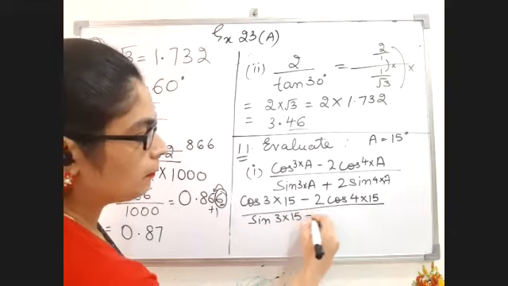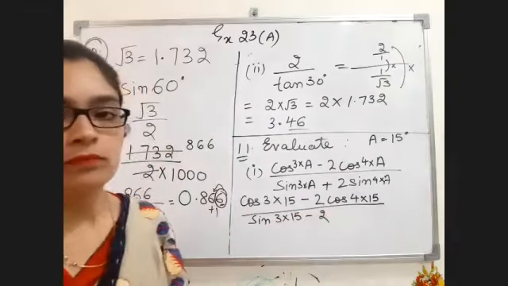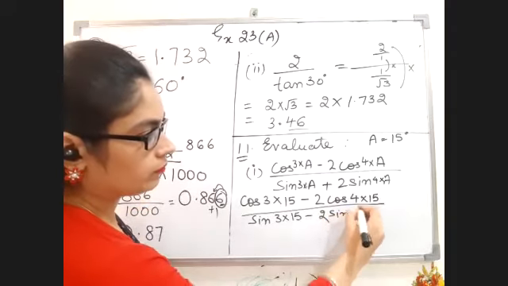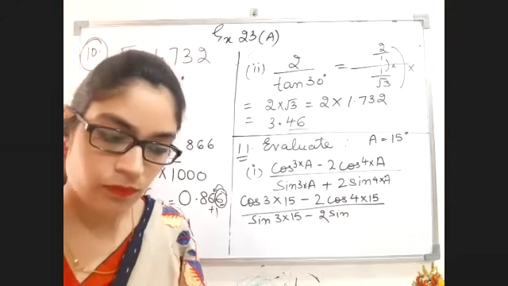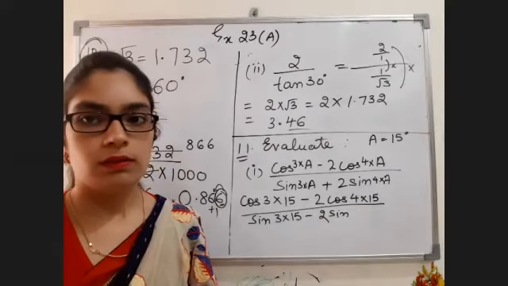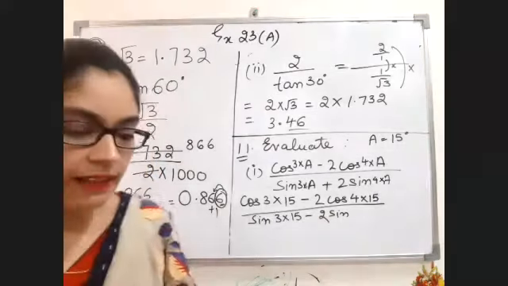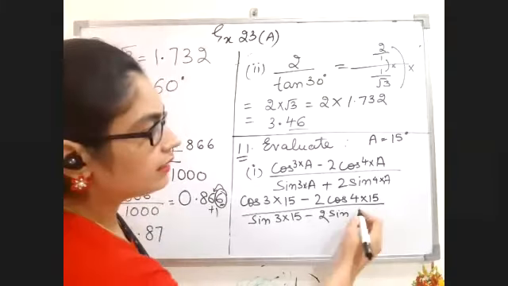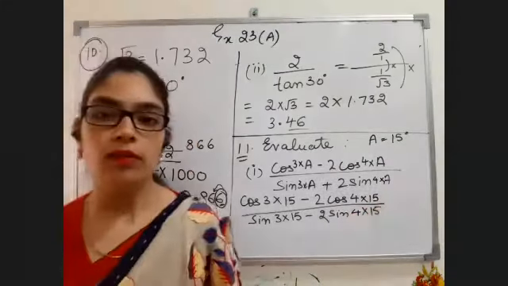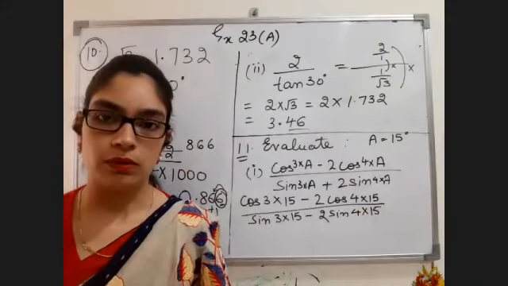Ma'am, they gave us the A value as 15 degrees, so should we simplify it as cos 15 degrees, like standard angles? See, a standard angle is not given. Only the value of A is given, 15, so only the value of A you have to substitute.